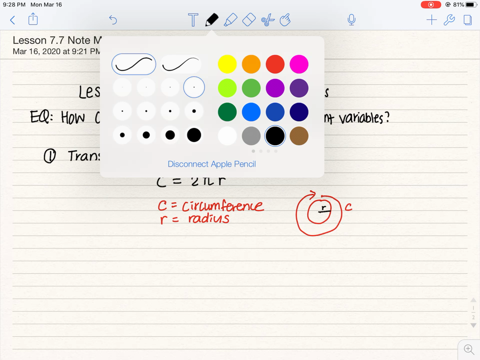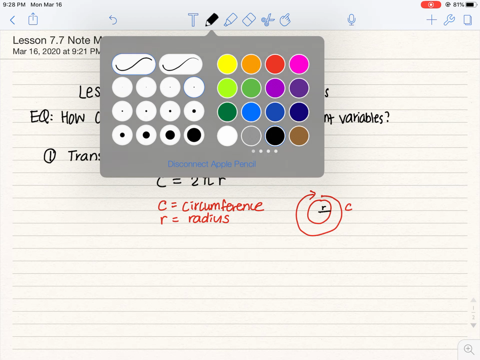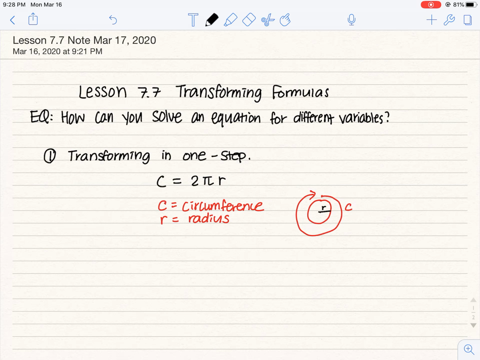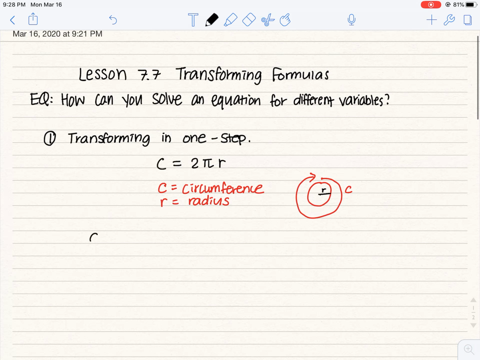So what I'm going to do is work on this equation, and let's say I'm solving for r, radius. I want to know what the radius is going to be. So radius equals something.